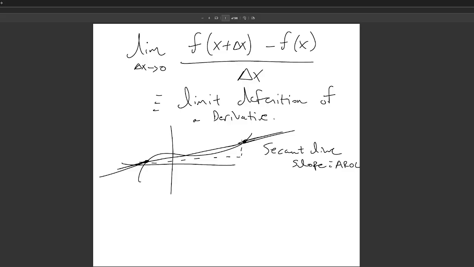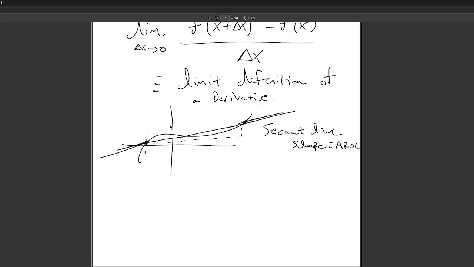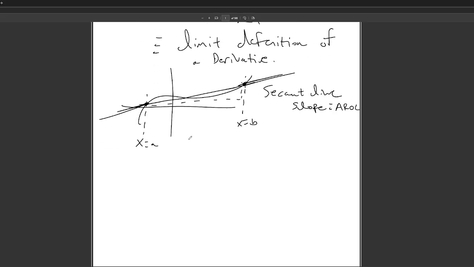And basically what happens is if you bring the 2 points you see here, we'll call it x equals A, x equals B, and you shrink these points closer and closer to each other, so they're infinitesimally close, then the slope between those 2 points effectively gives you this thing known as a tangent line.